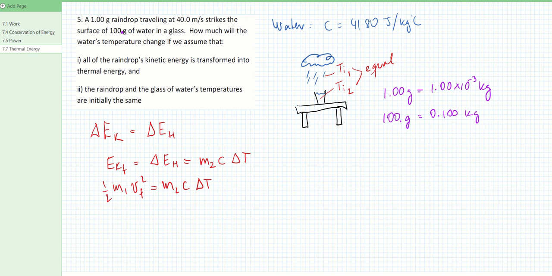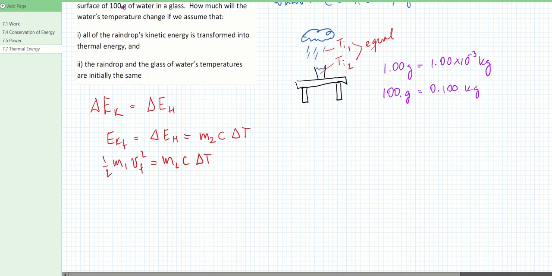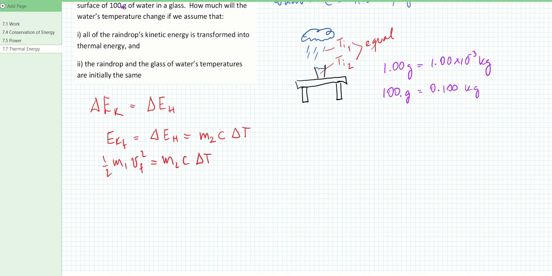The next step is, of course, to solve for the change in temperature. That's what the question says: how much will the water's temperature change? If we assume, again, that the initial temperature is the same, let's take our equation here and expand it.